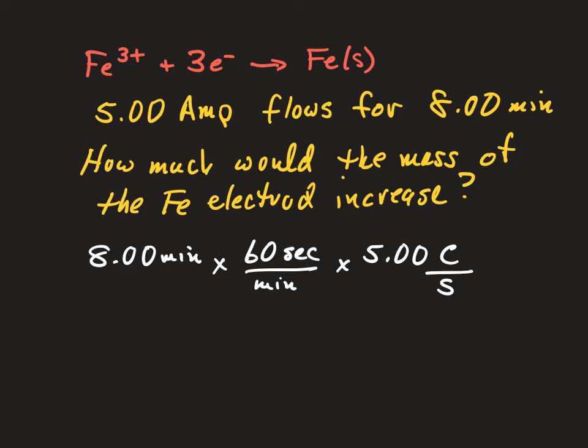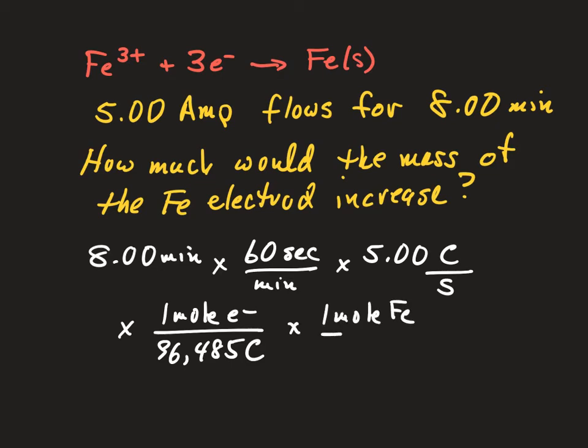So that will tell us how many coulombs of charge flowed. But we know that Faraday's constant, 1 mole of electrons, is 96,485 coulombs.